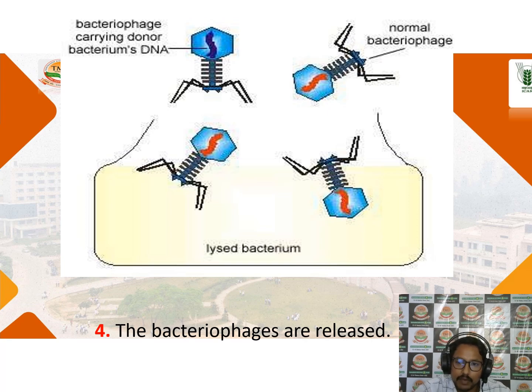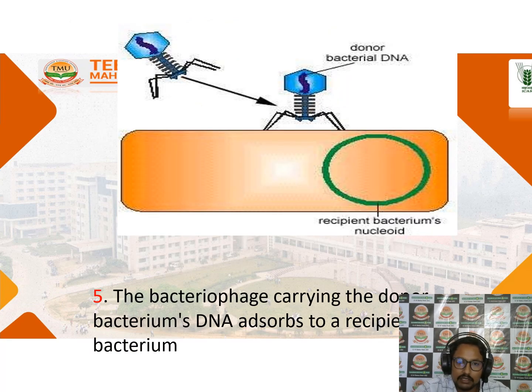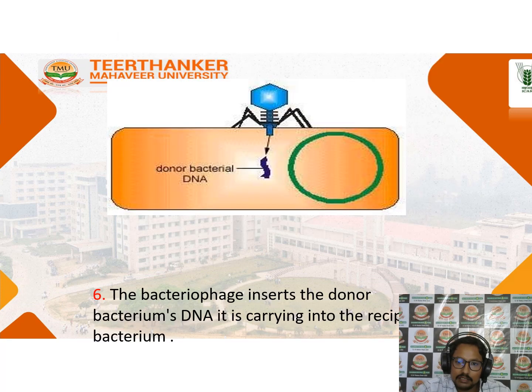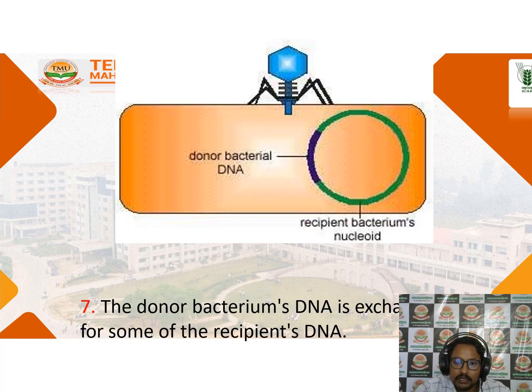Now these bacteriophages are released after the death of the bacteria. After the release, this bacteriophage will again infect a new bacterial cell, where it injects its genome into the bacterial cell. Now this donor bacterial DNA, which is injected into the new bacterial cell, will be incorporated into the recipient bacterium's nucleoid.